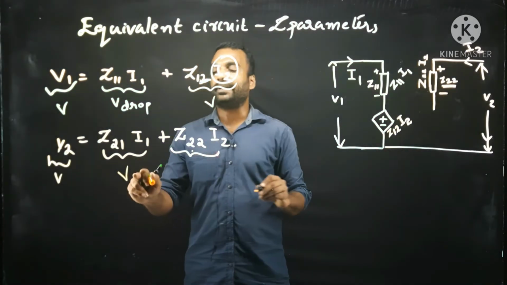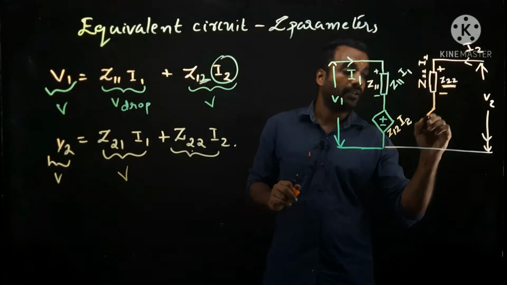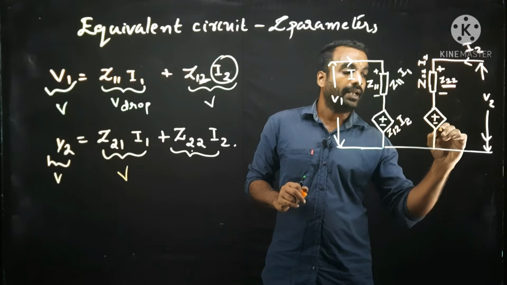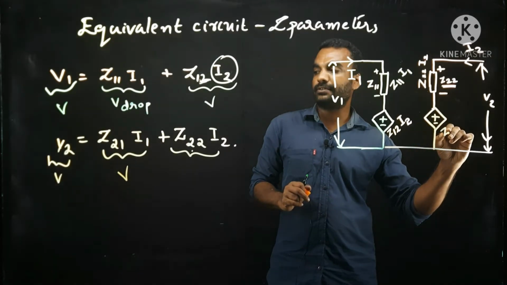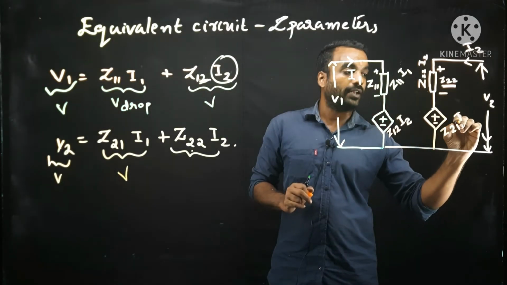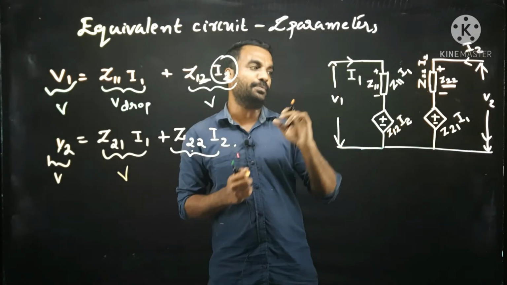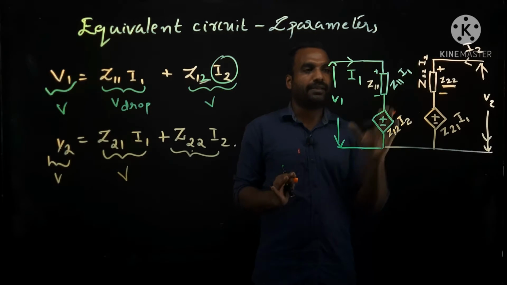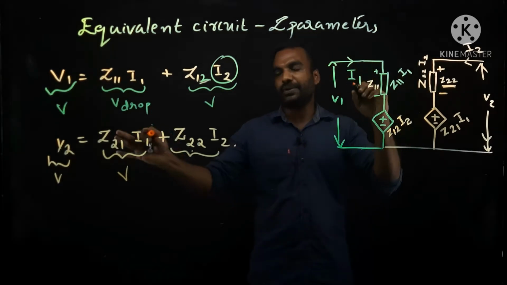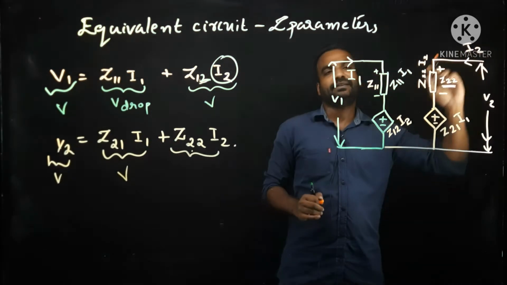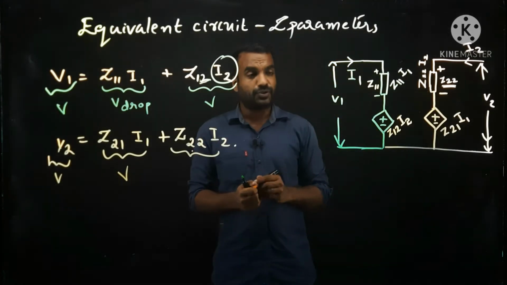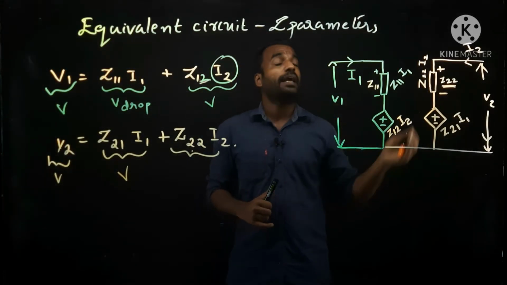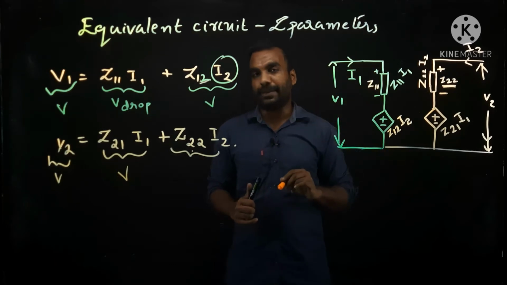So I can use the concept of a dependent voltage source, and its voltage value is Z21 I1, where I1 is the current of this branch. Now the entire thing is okay. This part represents the first equation and this part represents the second equation. So this is the equivalent circuit representation of any two-port network in terms of Z parameters.